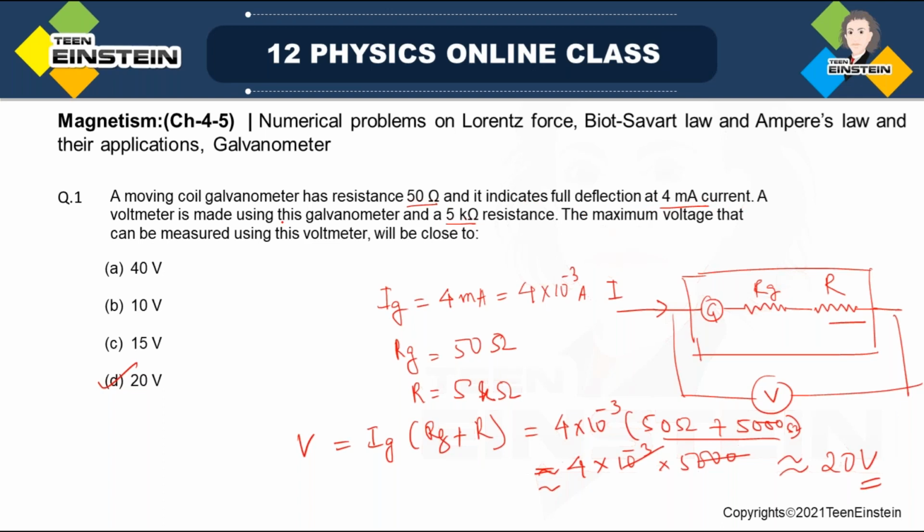A voltmeter is made using this galvanometer and 50 kilo ohm resistance. So here we have to remember whether this 50 kilo ohm can be connected in parallel or series. That is the crucial point we should remember. Otherwise things were fine.